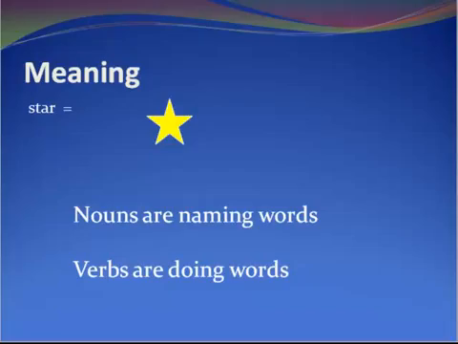So often children are taught that nouns are naming words and verbs are doing words, those kind of rules. Now actually they're not very good predictors of what category a word belongs to, and we're not going to be using them. So if you've got those in your head, try and get them out. We will look at some other sorts of evidence to work out what category a word belongs to.